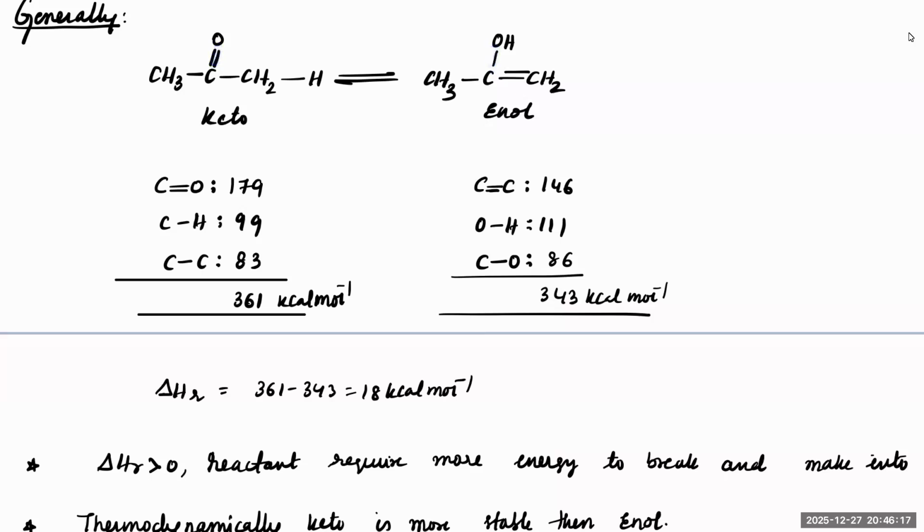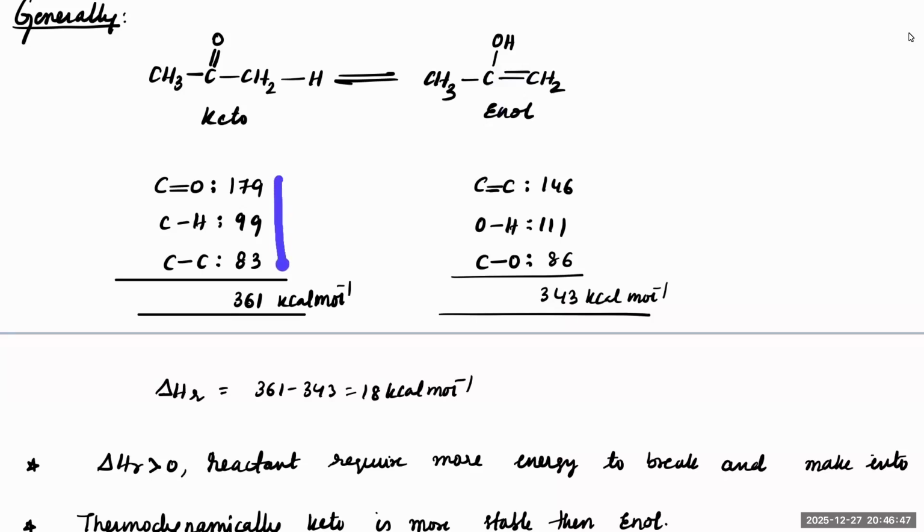Imagine as if you're breaking this completely, you're breaking the carbon hydrogen bond completely, and then you're also breaking this carbon carbon bond. So these are the three bonds you are breaking. Similarly, to bring back towards ketone, you will be breaking the oxygen hydrogen bond, carbon oxygen bond, and carbon double bond. So imagine you are breaking all those bonds here also.